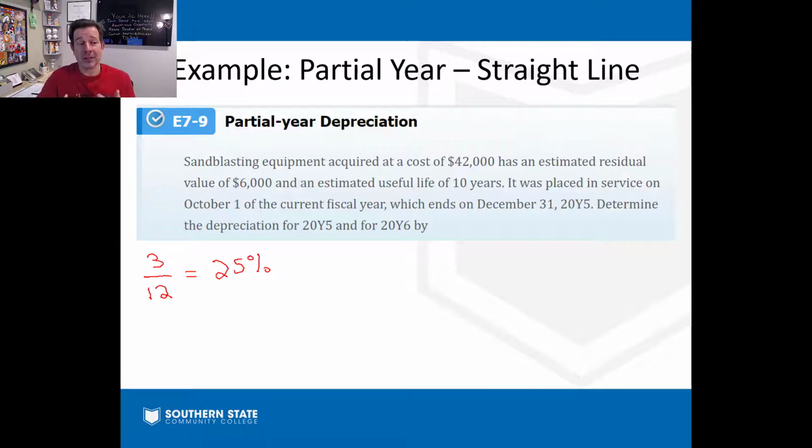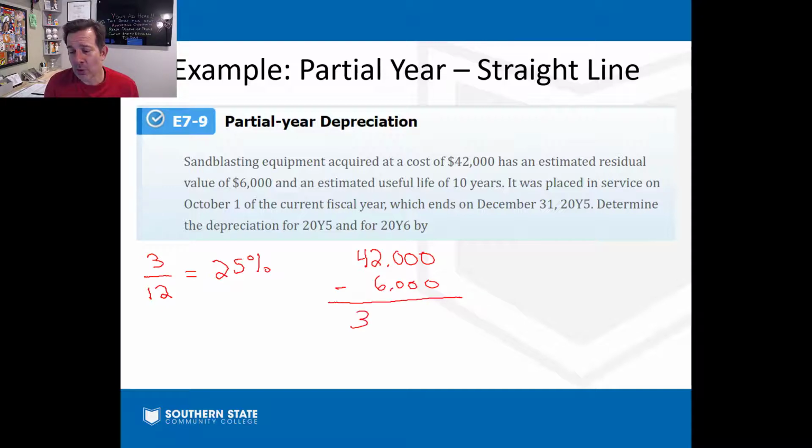So we need to consider how long we had the asset and what percentage of the year we're going to depreciate it. Once we've done that, we can calculate regular depreciation for the year and multiply it by that prorated percent right there. So $24,000 is what we paid. The equipment had a $6,000 residual value.